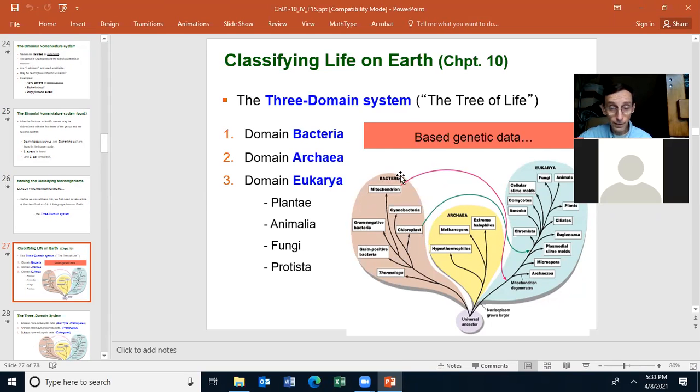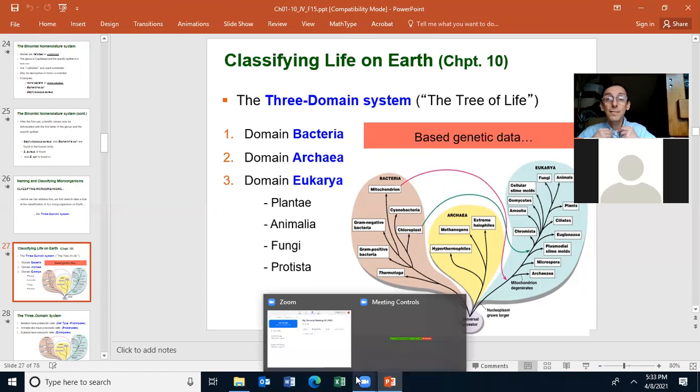And all of these organisms are more similar to each other than to an organism in another domain. So the domains are based on the genetic data of an organism. And there's no argument as to where a species falls, because you simply sequence the organism's DNA and determine what domain the organism belongs to by its DNA sequence. Is that clear? Okay, no questions, so let's move on.